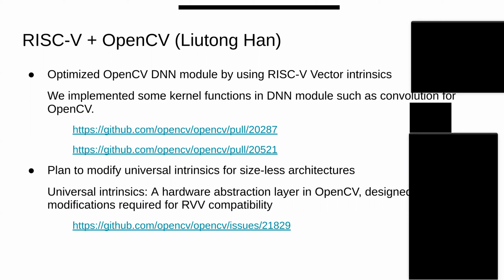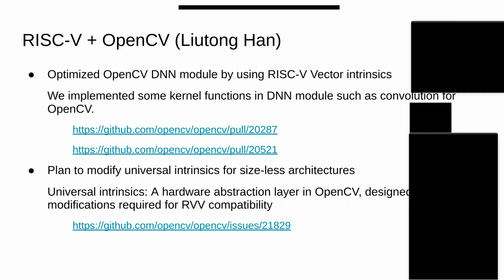The above platforms are designed with fixed size registers, but the RISC-V vector, as we know, is designed with variable register size, also called sizeless. So the current Universal Intrinsics is not suitable for RISC-V vector.